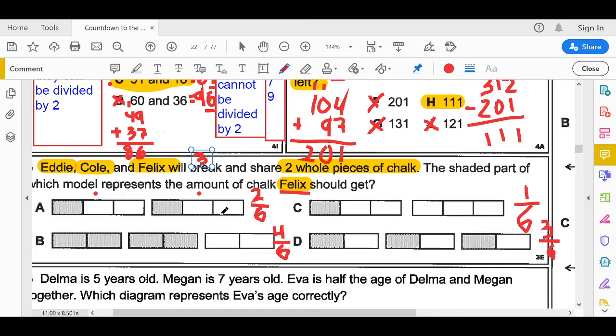Okay, so because we have 3 people from this problem that we have to divide it equally, we need to find the numbers that when we add the same number 3 times, it's going to give you the number at the bottom. So 2 for Felix, 2 for Eddie, and 2 for Cole. 2 plus 2 plus 2 equals 6. 6 out of 6.